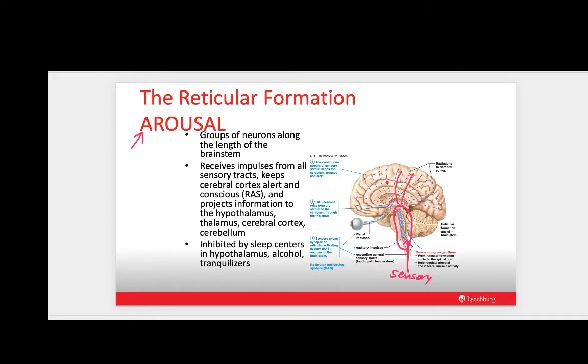But that is a function of that reticular formation. We see that the reticular activating system is inhibited by sleep centers in the hypothalamus. So we basically have to shut it off in order to go to sleep. Alcohol will inhibit it as well, and so will tranquilizers.